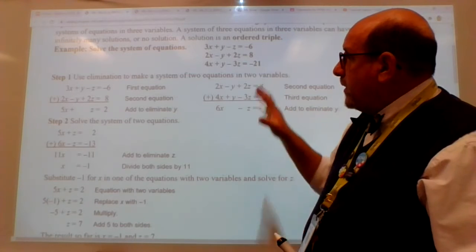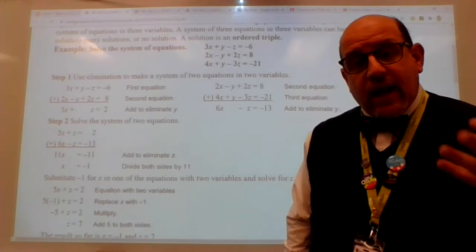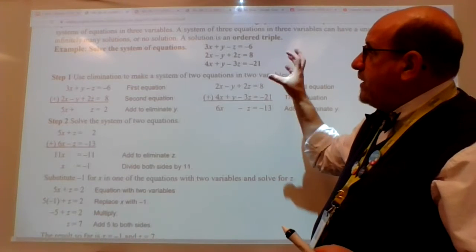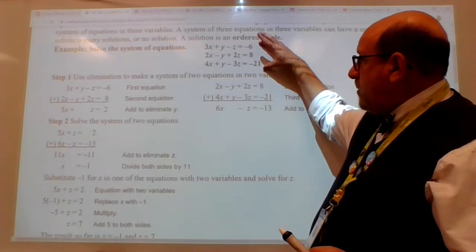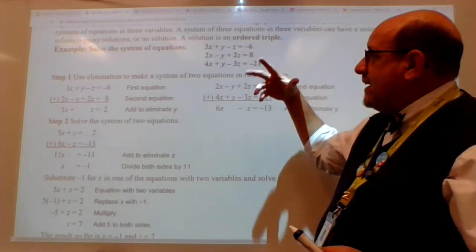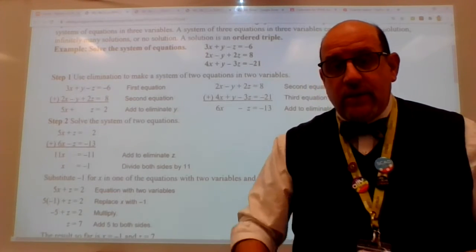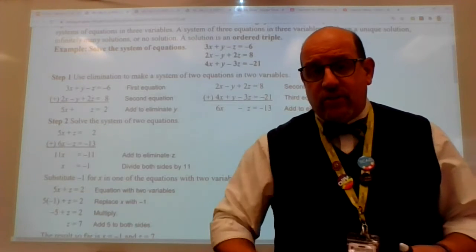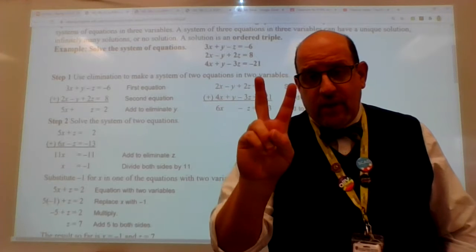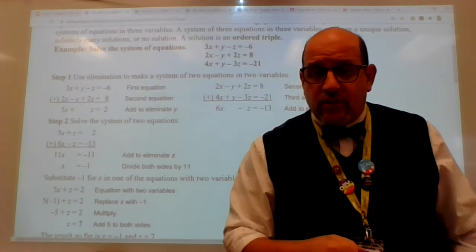I'm going to blow this up a little bit, but I want to be able to tell you what needs to happen. All right? Step one of solving this system of finding a value for x, y, and z is to use elimination to take these three equations and eliminate one of the variables and make it two variable equations.